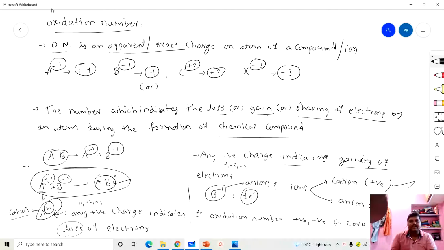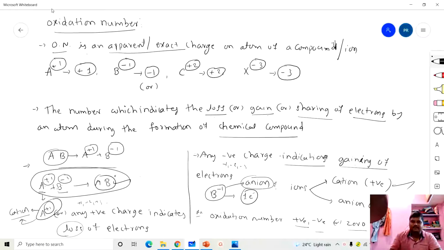With respect to A, oxidation number +1. With respect to B, oxidation number -1. Positive charge means losing of electrons, termed a cation. Negative charge indicates gaining of electrons, termed an anion. And oxidation number may be positive or negative, sometimes 0.